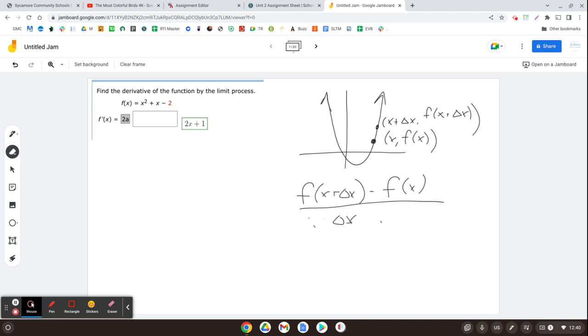So you might recognize this as part of the process of finding the derivative. Well, if we take the limit as delta x approaches 0, then this line will turn into a tangent. Does that make sense? And that's going to be the derivative equation. So that's what we're doing.